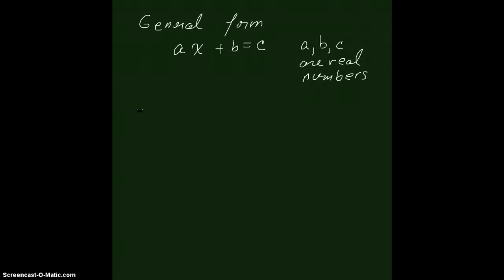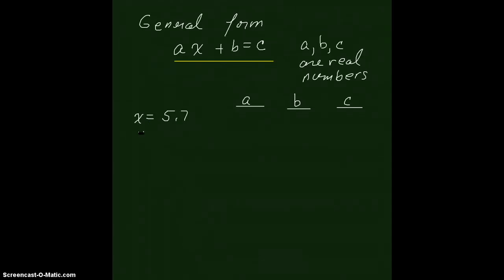So let's look at those examples I gave you before. x is equal to 5.7. And let's write down what a, b, and c are. So I'm going to compare the form of this equation with the one I'm looking at.